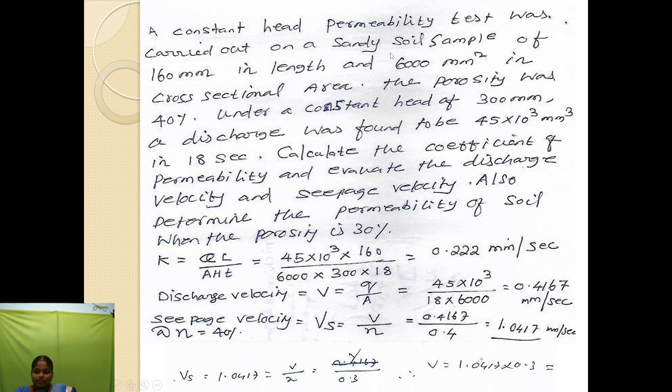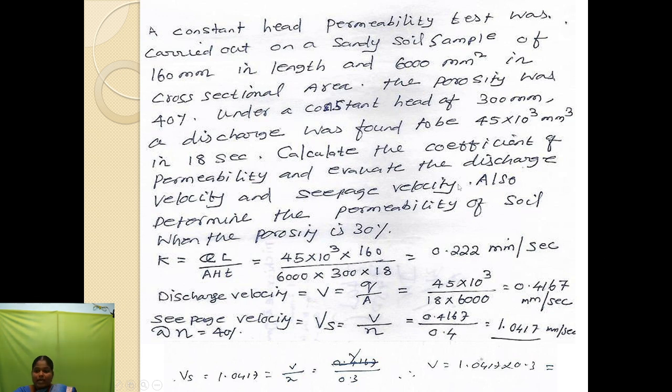Q is already given in your problem as 45 × 10³, L is 160 mm, the area is given, H is the head of 300 mm, and t is 18 seconds. So the coefficient of permeability is calculated as 0.222 mm per second.